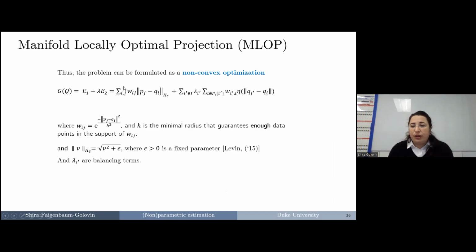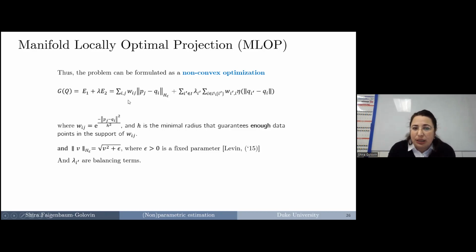So let us look for this new set of points Q, which are basically the Qi's. And we demand from those Q points that they fulfill two things. Two constraints. This will help us to construct the non-convex optimization function. So from the one side, we ask that the Qi points will be close to the original Pj points, meaning that we will not go far from the manifold, but we will stay quite close to it. How close?